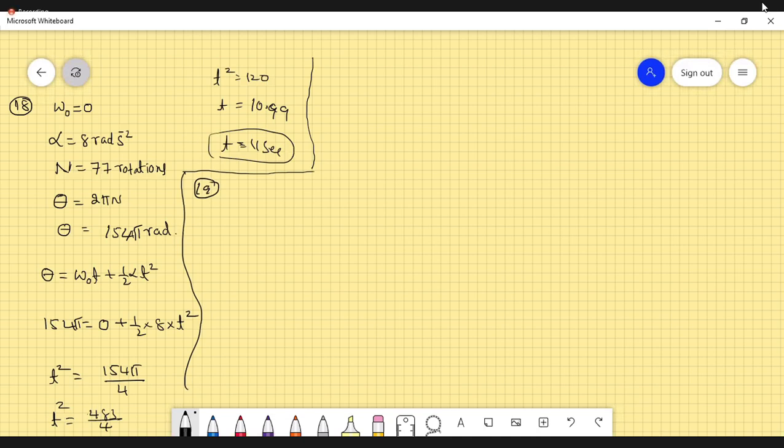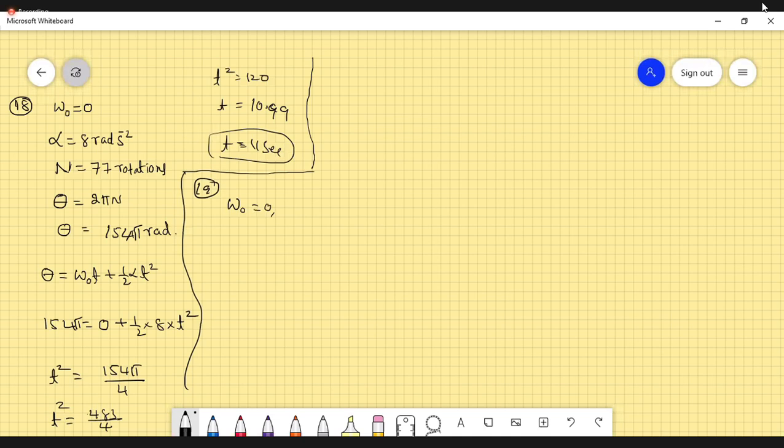Next question: a wheel starts from rest and rotates with constant angular acceleration. If the wheel completes 50 rotations in the first 2 seconds, then find the number of rotations made by it in the next 2 seconds. Initially it is at rest and rotating with constant acceleration.